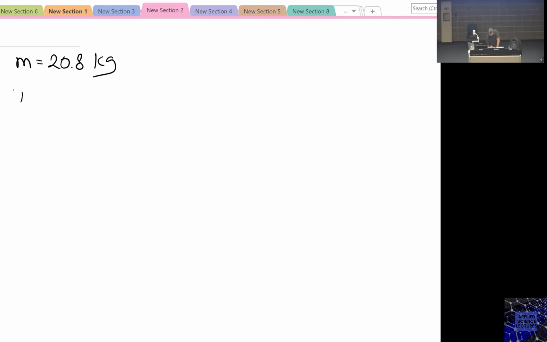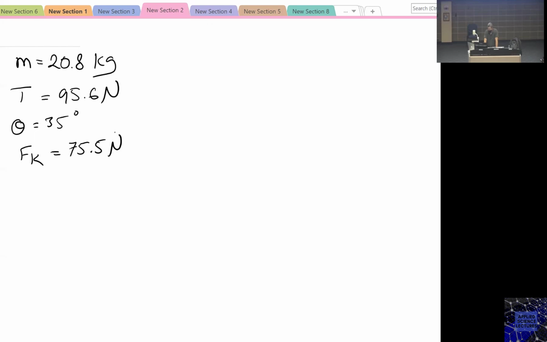I have the tension force 95.6 Newton. I have the theta of the inclined plane above the horizontal, 35 degrees. I have the kinetic friction force, Fk, as 75.5 Newton.